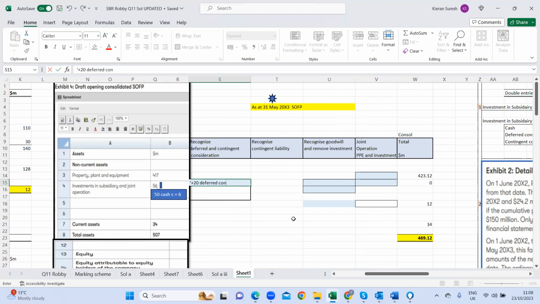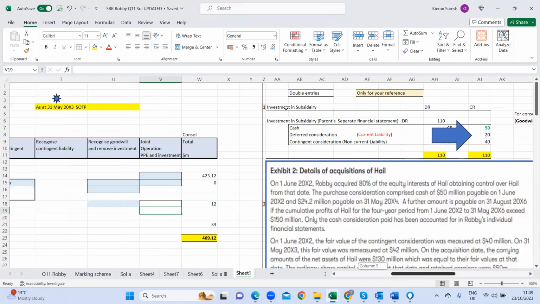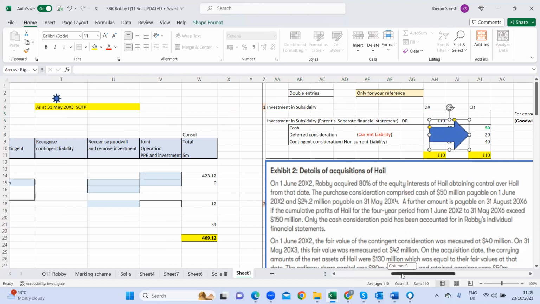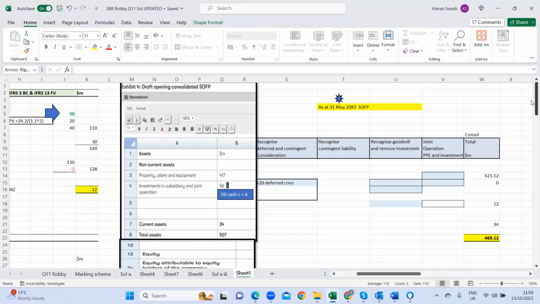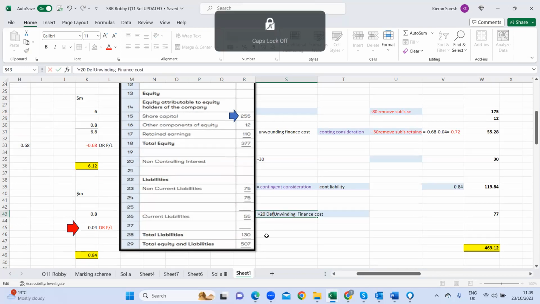And then what is the double entry for the deferred consideration? On the individual financial statements, it will be a debit to investment in subsidiaries, investment at cost, on the parent's account. The credit will be to current liabilities, 20, deferred consideration.